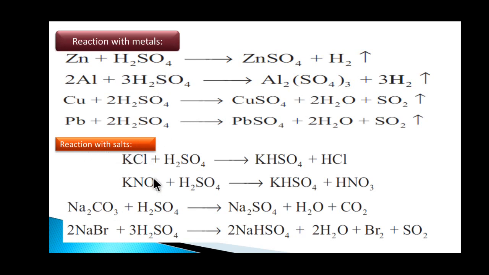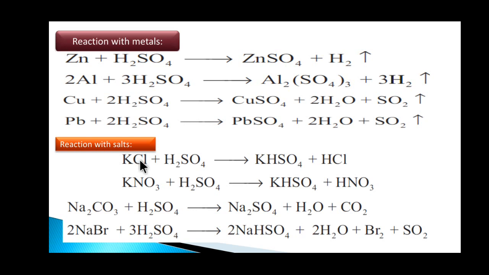Reaction with salt. We also know the condition when sulfuric acid does not react with noble metals like gold, silver and platinum. Is it clear? And the reaction with salts: it reacts with different metal salts to give metal sulfate and bisulfate products.